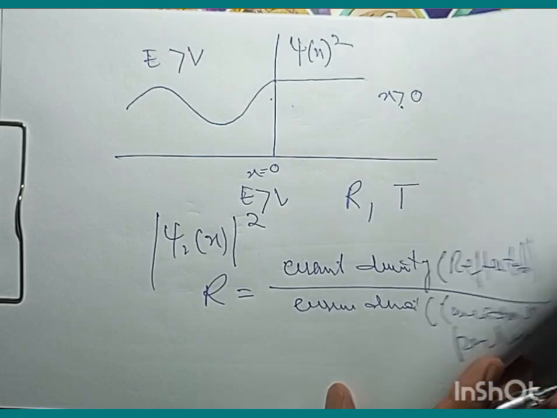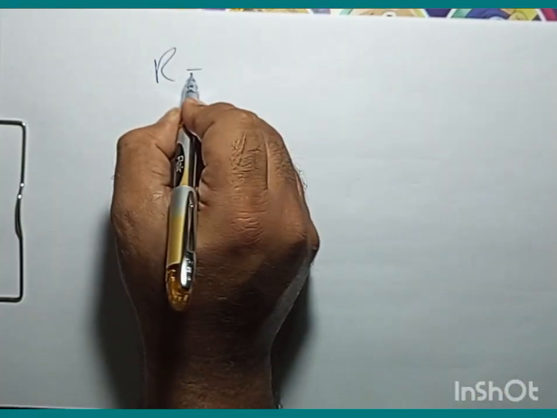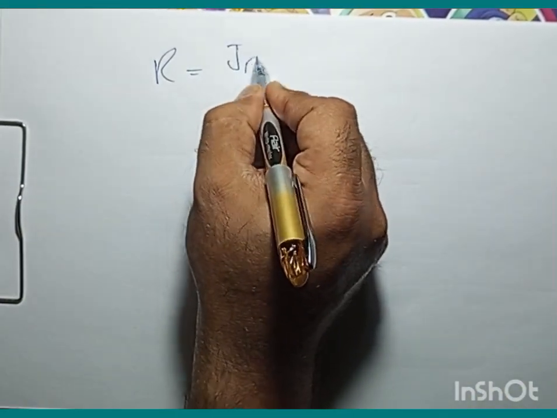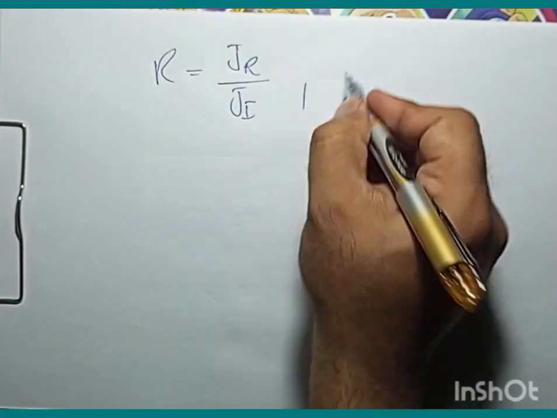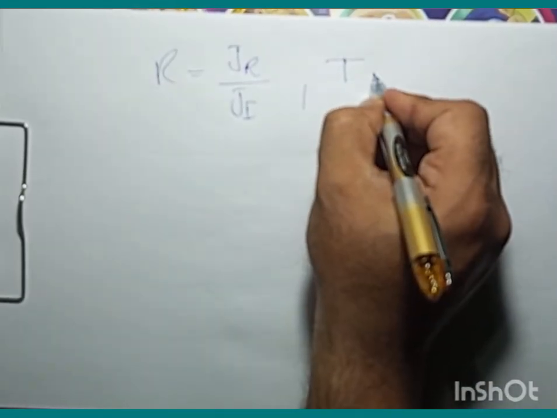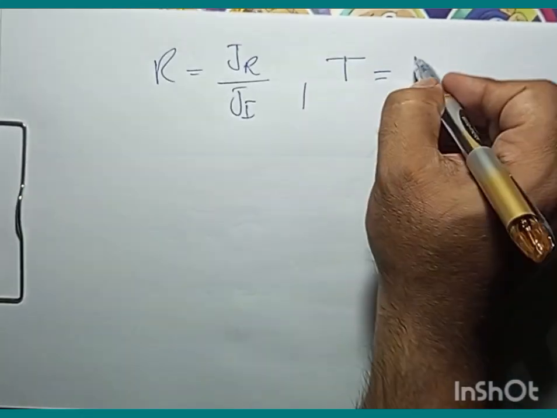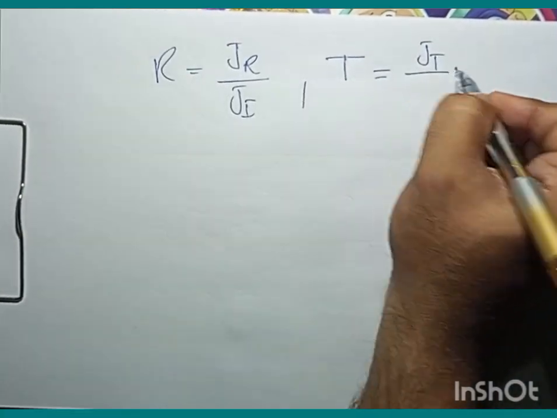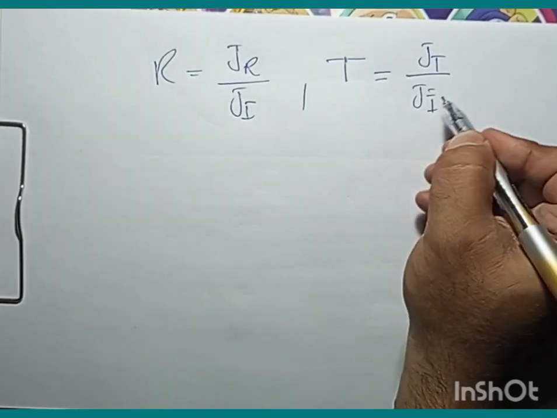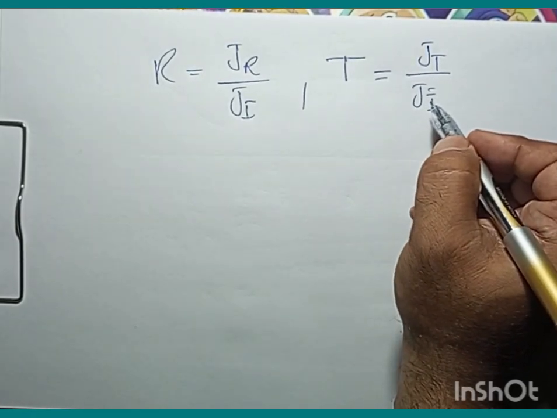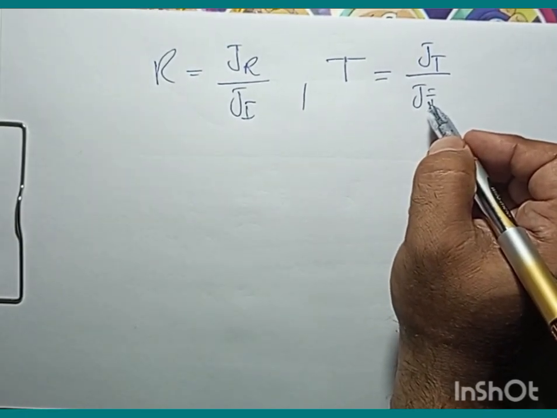So if I have to symbolize this, I can write R as J reflected divided by J incident. And similarly, we can think of the transmission coefficient as J transmitted divided by J incident. So this is how we can think about a reflection coefficient and the transmission coefficient.